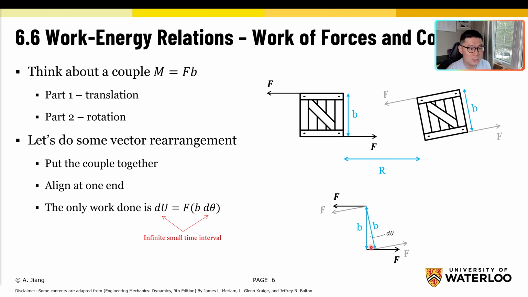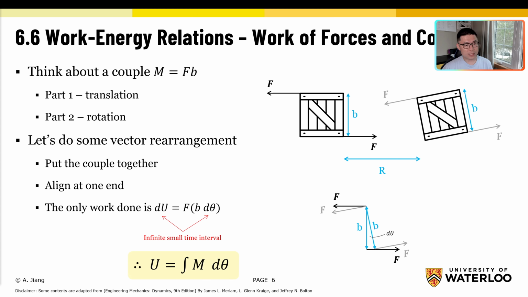One force is at the rotation center, which does not do work, and the other rotated by d theta. So we can use the basic work equation, dU equals F b d theta, to represent the total work done by this couple through rotation in that infinitely small time period by rotating with the angle d theta.